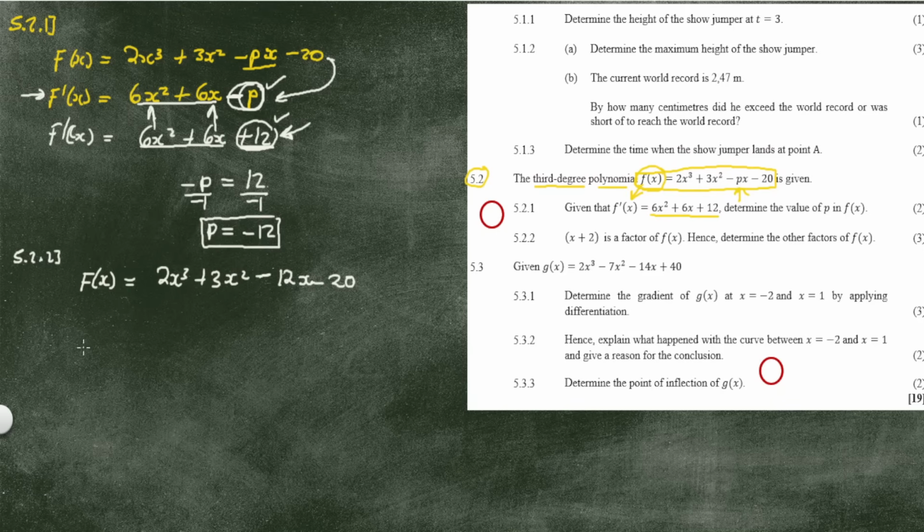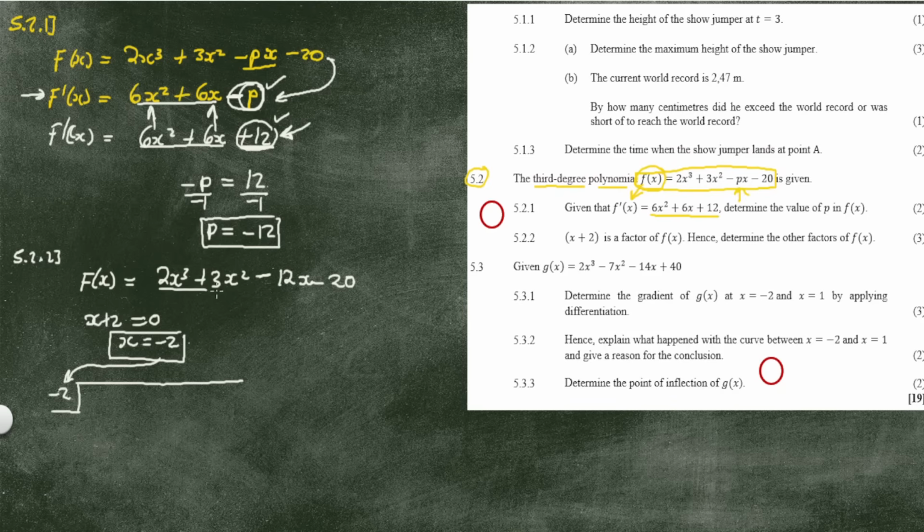So we use the synthetic method. X plus 2 equal to 0, x is equal to minus 2, is our first factor. So in the synthetic method we use minus 2, it's this minus 2.